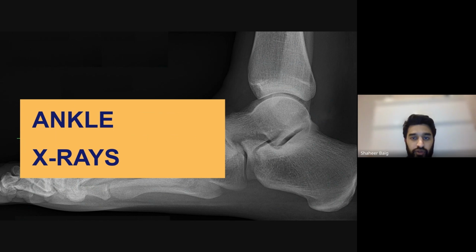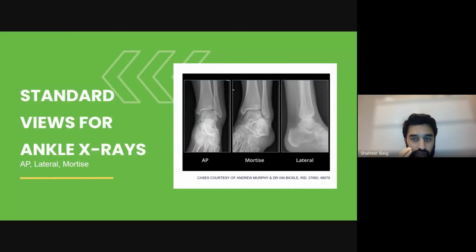So coming down distally into the ankle, the views of the ankle are slightly different.